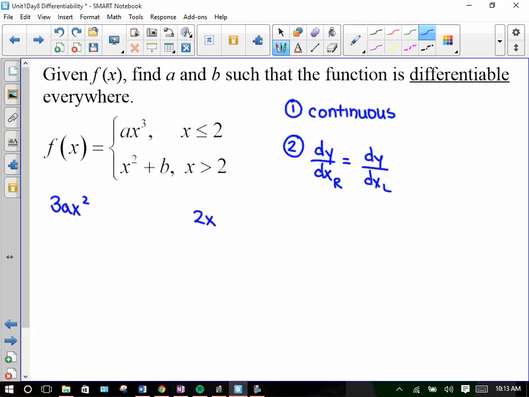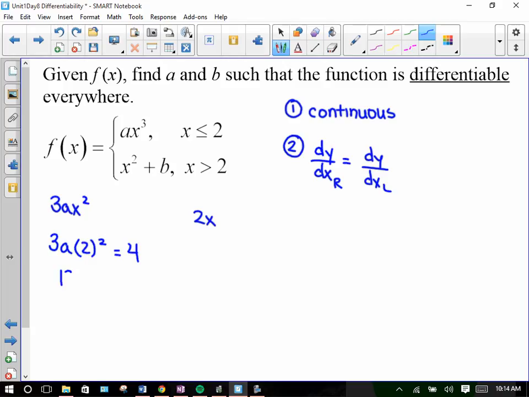Now, we want this to be equal to this. We want the left slope to be equal to the right slope. Now, what we also know is that our x value is 2. So we can get rid of the x by plugging in 2. So we're going to have 3a times 2 squared equals 2 times 2. 2 squared is 4. Times 3 is 12.